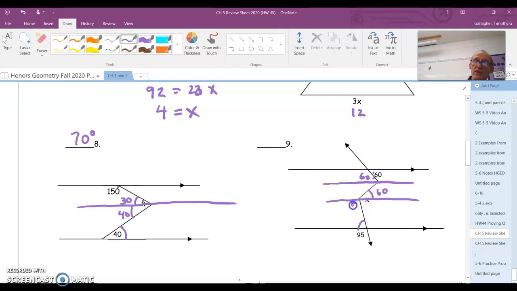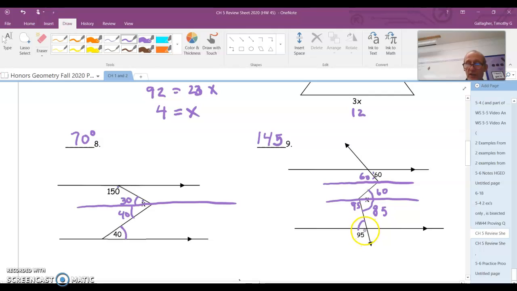But this angle here is 95 because of the corresponding angles. So if this angle is 95, this angle right here is the supplement of that, which is 75. Okay? No, 85. So angle X is 60 plus 85, which is 145.